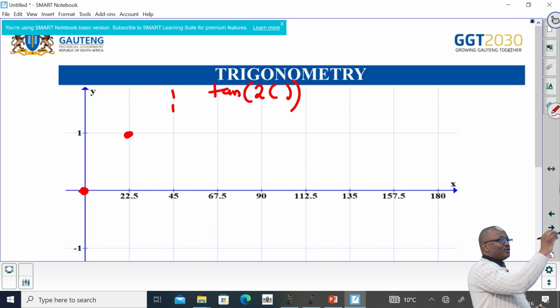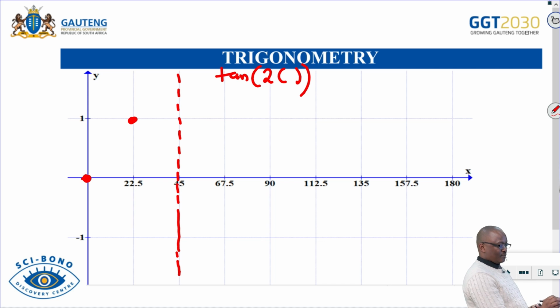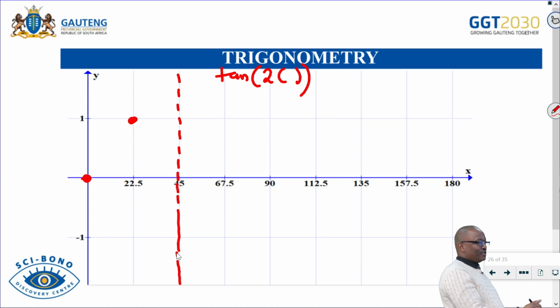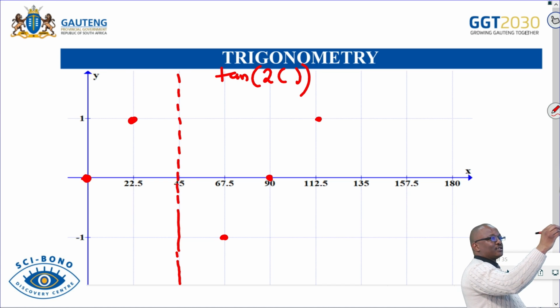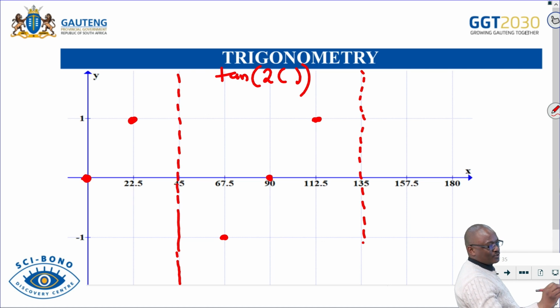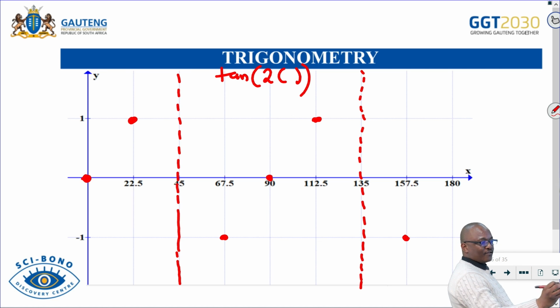Then that's where you put your asymptote, at 45. So if you say tan 67,5, you will get -1, you get 0, you will get 1, and at 135, that's where you will get your maths error. Then we're going to have -1 and 180.